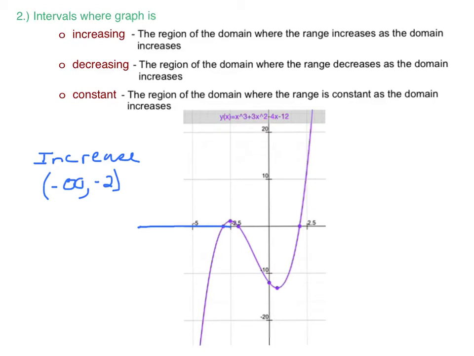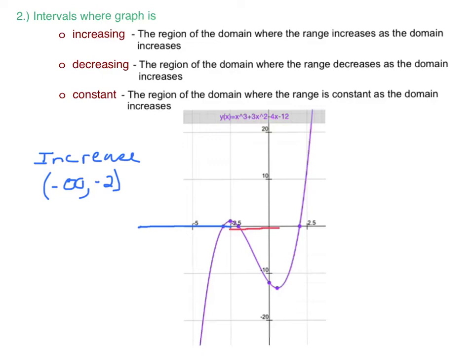Now, then I notice that the function decreases from here down to there. But we don't write it that way. We say it decreases from negative 2, until you get right there to, let's say that's about a 1.